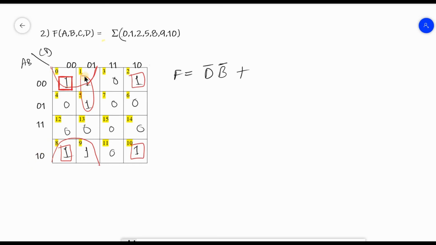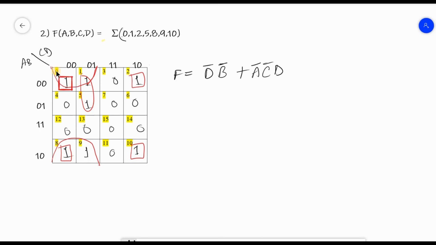Now let me take this group consisting of the 2 ones in this one. So I can see that C and D are unchanged here, so C naught and D, and if I look on the left side I can see that A is unchanged here, so I'll just include A naught.